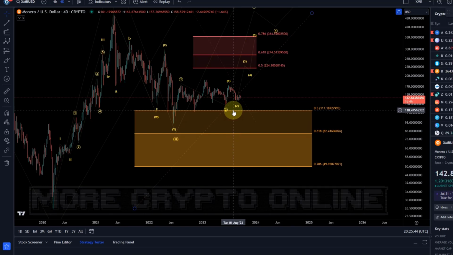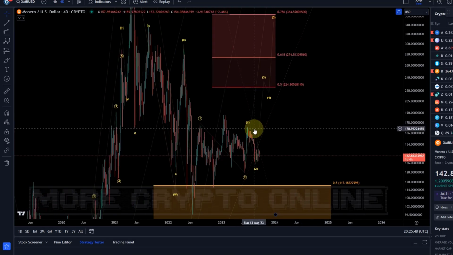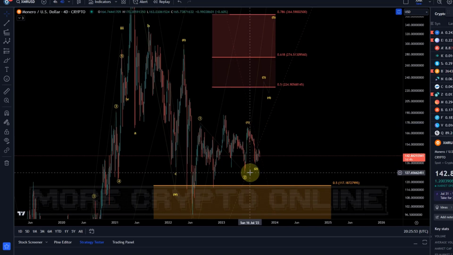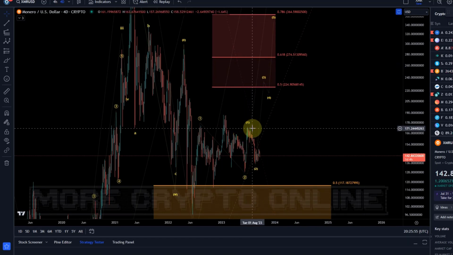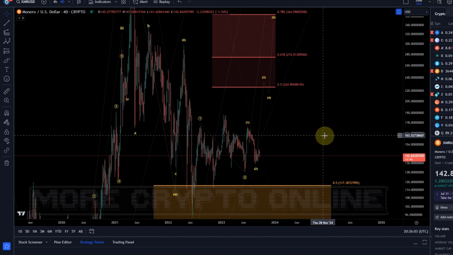But to confirm that, in the next step, I need to see a break above this wave 1 high at $172. That would be good confirmation that indeed something more bullish is playing out. I need to see a break above that $172 level, because that would be confirmation that the third wave is rolling. Yeah, that's my update about XMR.